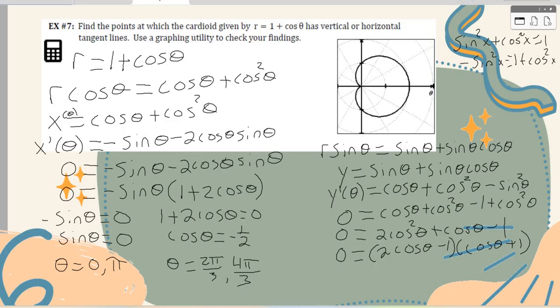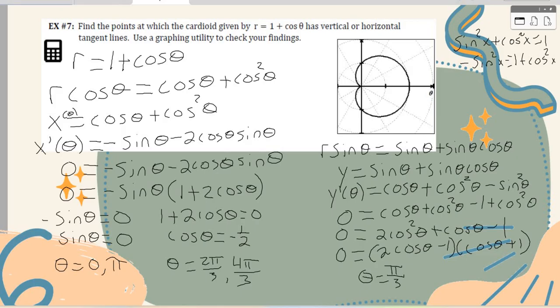Alright, so here I'm going to get a cosine of theta equals, what kind this time? Positive 1/2, okay, which means that my theta is going to be pi over 3, right? Because that's what we got last time, it was just negative, that's why we went to our second and third.